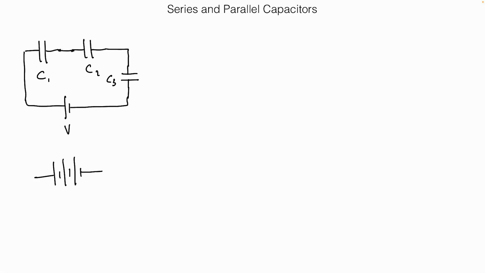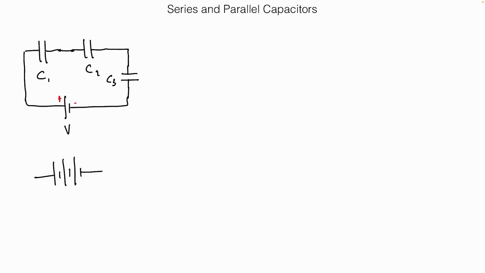Okay, but notice that it's in series with the battery. And as in a battery symbol, the long side is the positive side and the short side is the negative side. Charge would flow or get pushed by this battery from the positive plate through the circuit, running around clockwise.